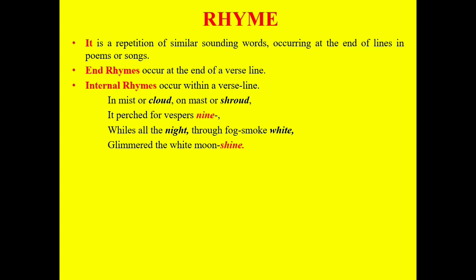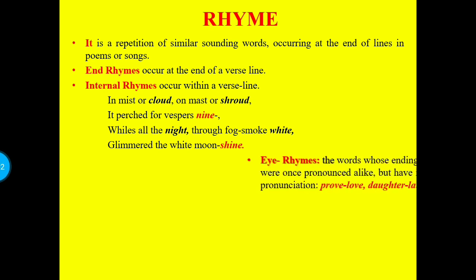Here the rhyming words are cloud and shroud, where the last sound is repeated. In the third line also, night and white, this syllable is repeated. This is called internal rhyming. And in the second line, line, and in the fourth line, shine, these are end rhymes, so they are going to sound the same.